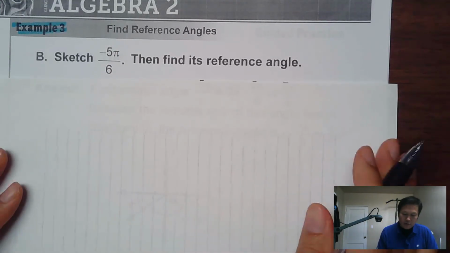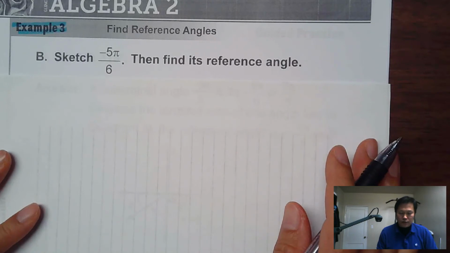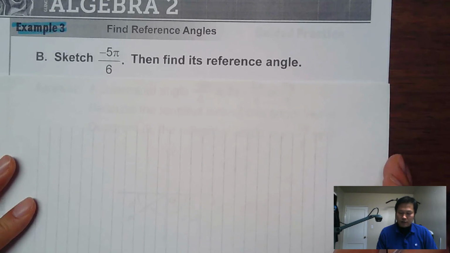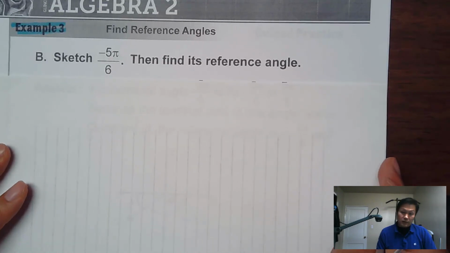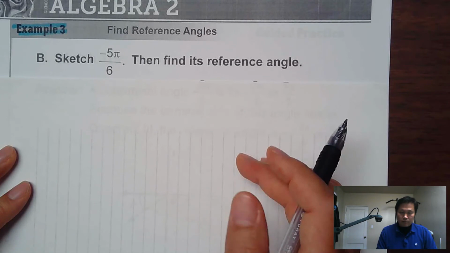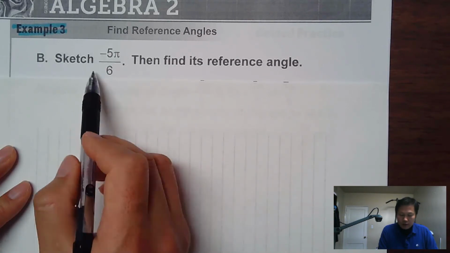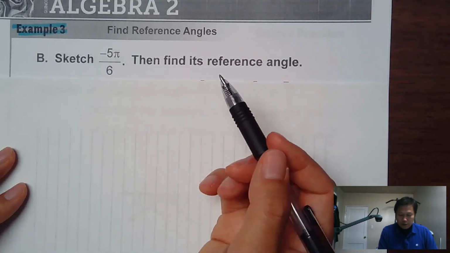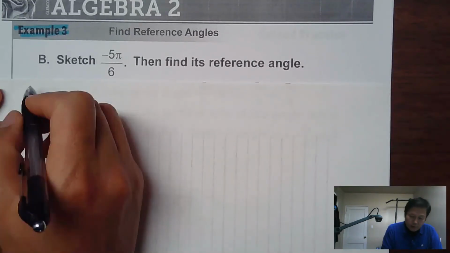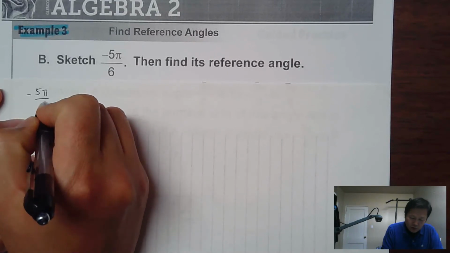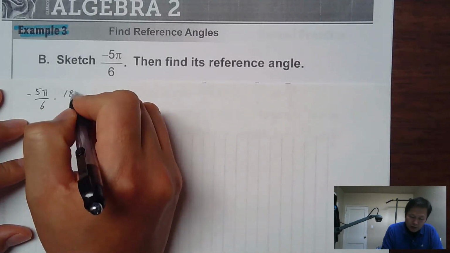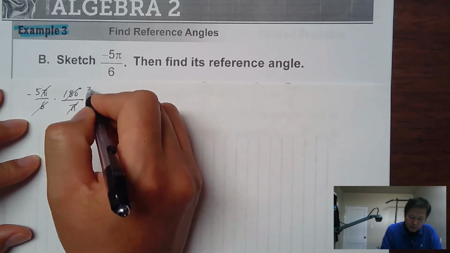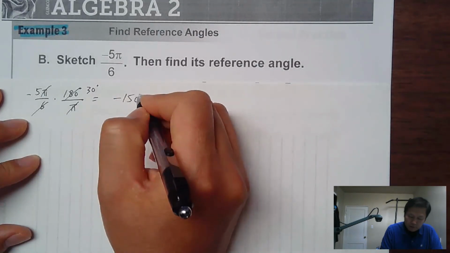If you're not familiar with radians, it might be easier for you to just convert to degrees and deal with the angle in degrees, then convert back to radians, because once they give you the angle in radians, your final answer should also be in radians. So I'm going to show you both ways. If you change this radian to degrees, multiply by 180 degrees over pi, pi cancels out. 30 degrees multiplied by minus 5, minus 150 degrees.